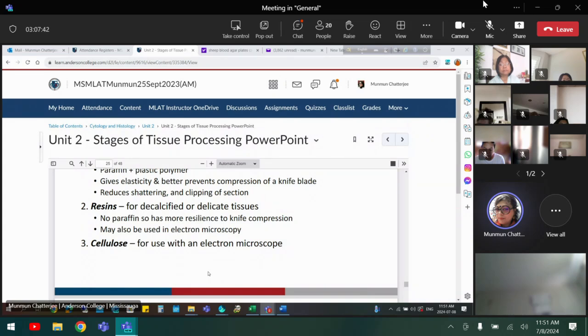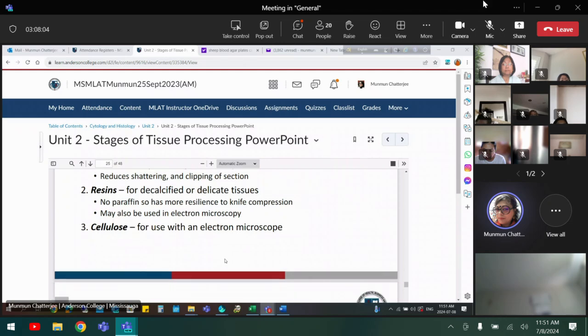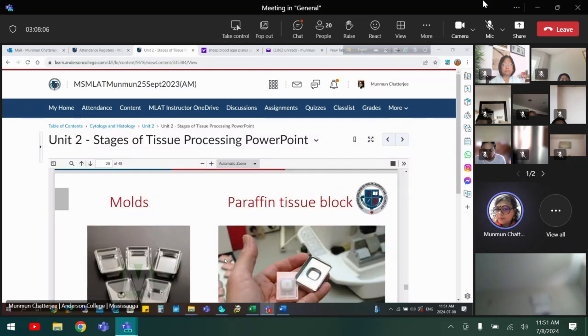This type of tissue, after decalcification and dehydration, can go for resin embedding, and cellulose embedding only with an electron microscope. Electron microscope doesn't allow any resin or paraffin. You have to use cellulose embedding for the electron microscope. Electron microscope knives are very hard.